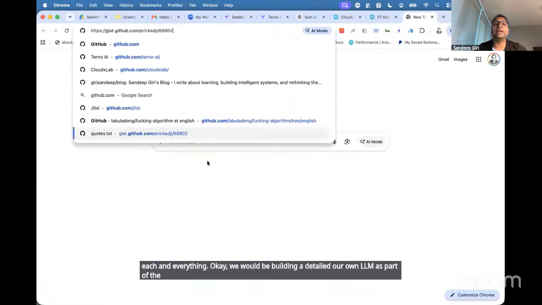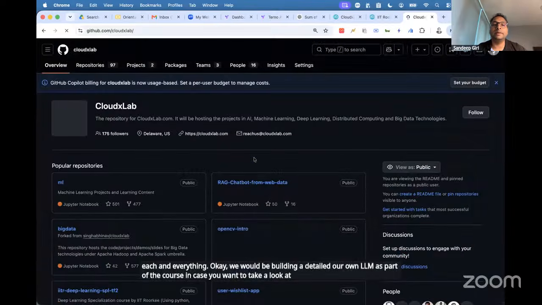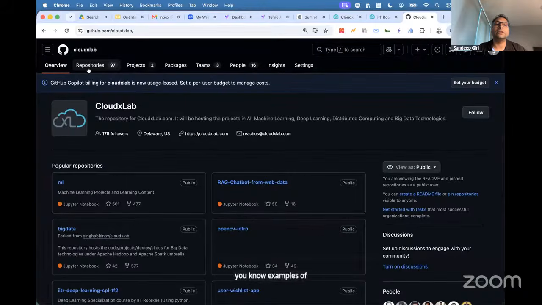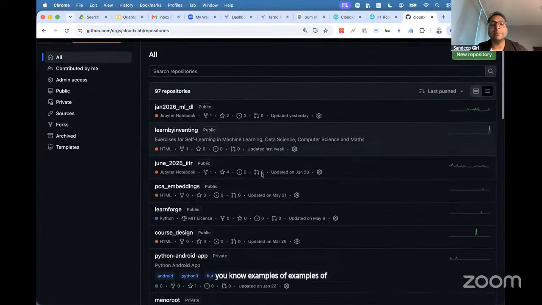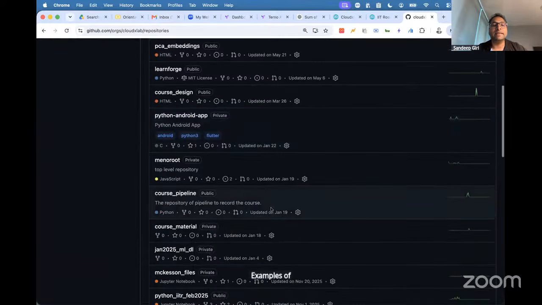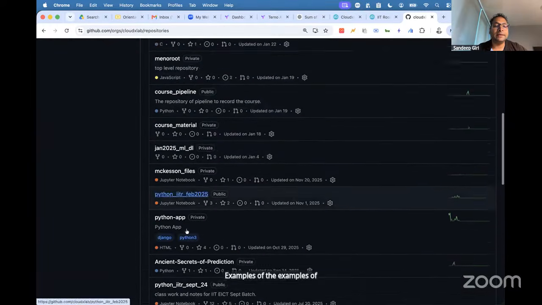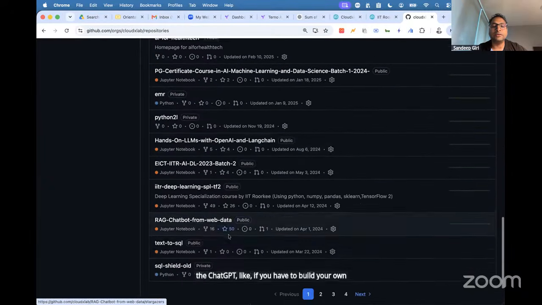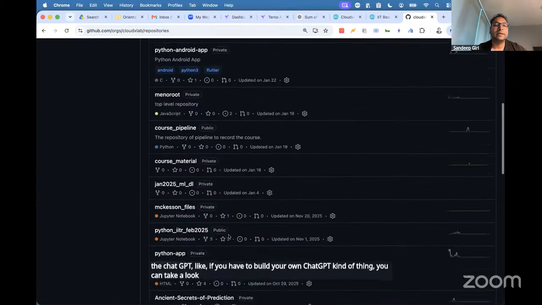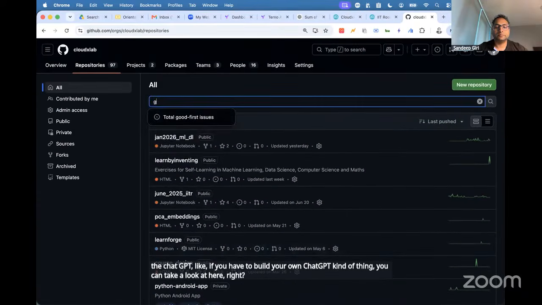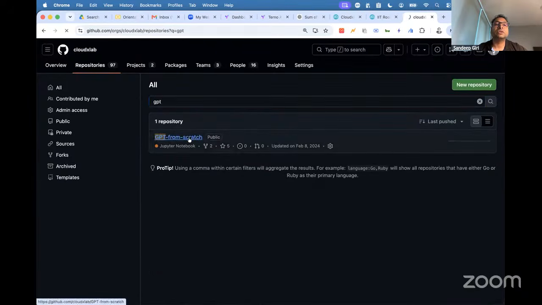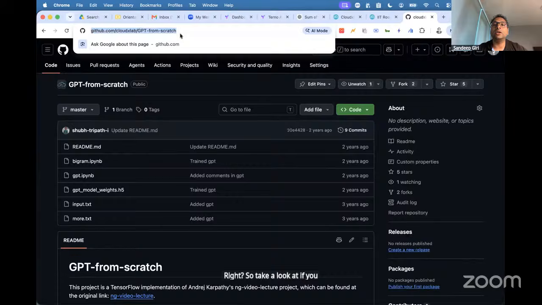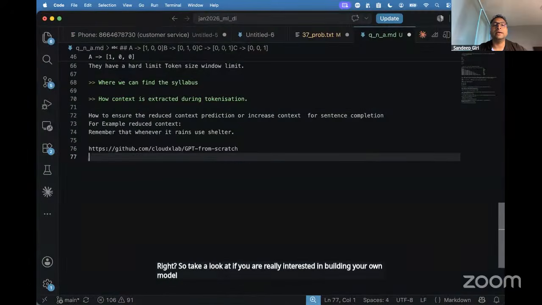If you want to build your own ChatGPT kind of thing, you can take a look at this. If you are really interested in building your own model, this would be a good strategy to start. This gives you a very good starting point, and we'll be discussing this.